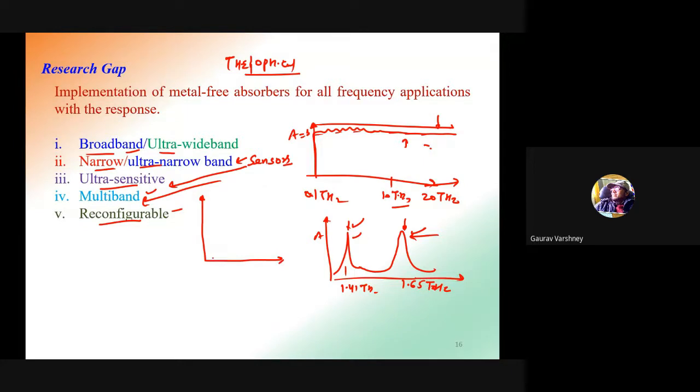Suppose we have an absorption spectrum at 1.41 terahertz, and this is the frequency spectrum, this is absorption, and at 1.65 terahertz this is cancer status. We have developed a single band device, and we just want to shift the absorption spectrum to 1.65 terahertz. This is called reconfiguration of the device.